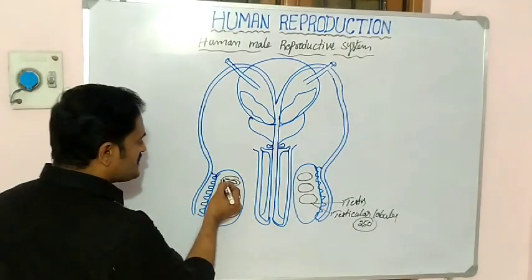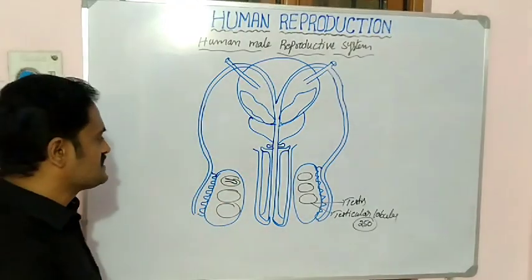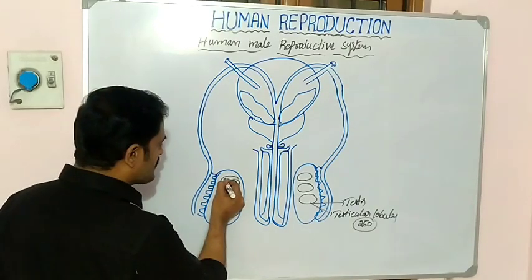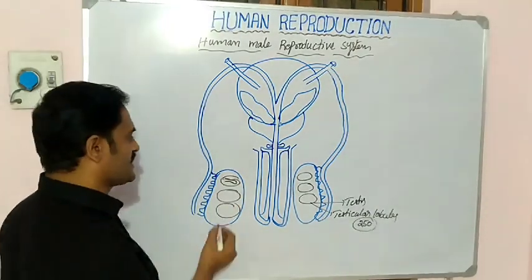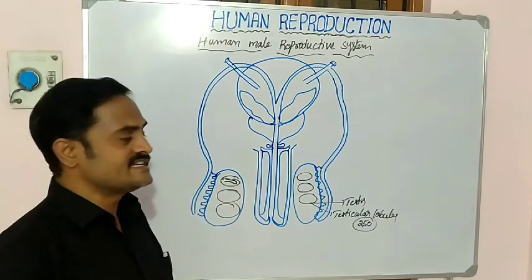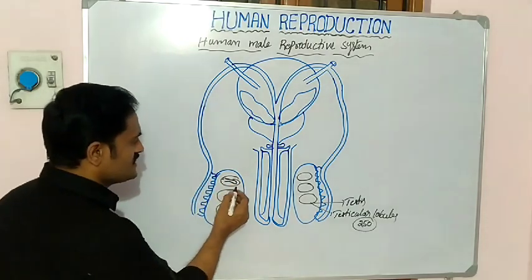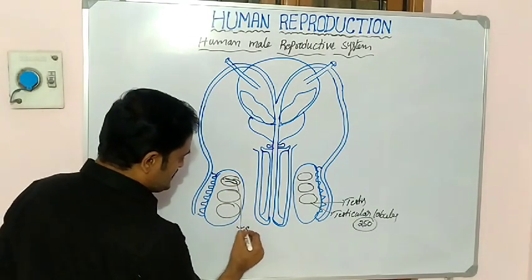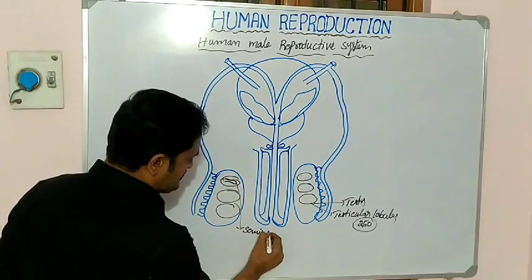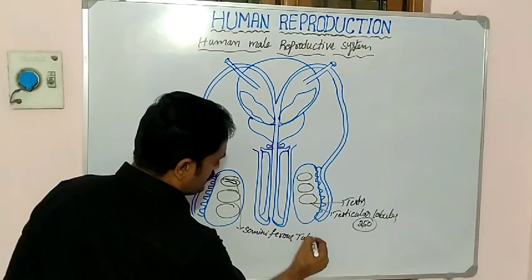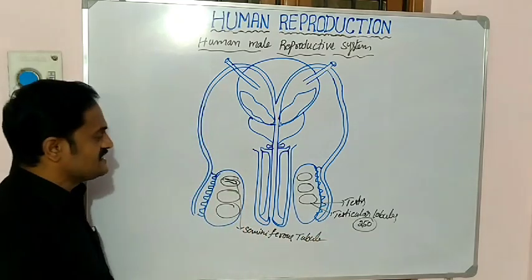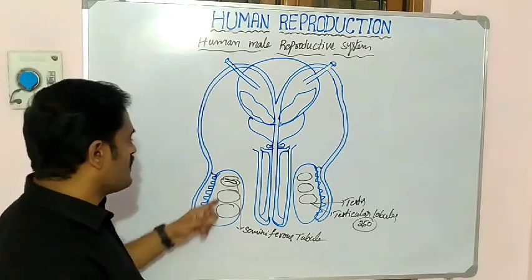Then from the seminiferous tubules, the sperms are released into the tubular recti. Each seminiferous tubule forms one tube. This is called the seminiferous tubule.